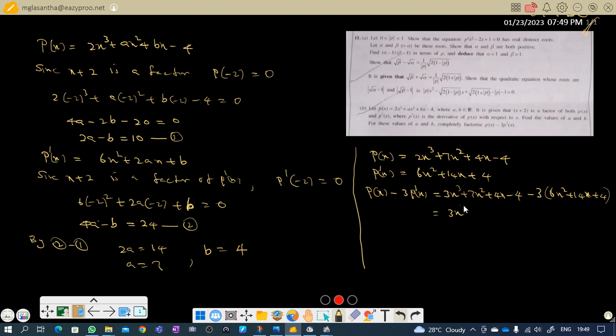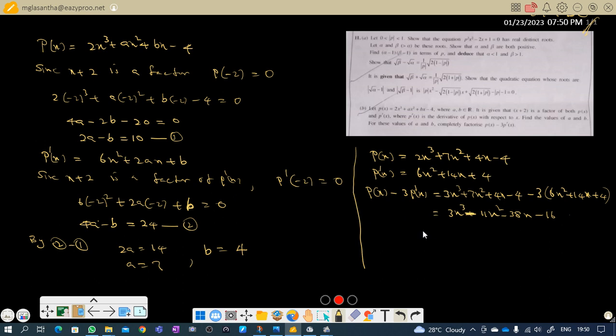Then 2x cubed plus 7x squared minus 18x squared is minus 11x squared, then 4x minus 42x is minus 38x, then minus 4 minus 12 is minus 16. This is P(x) minus 3P'(x).